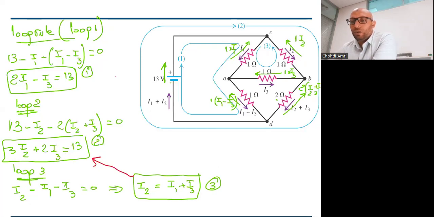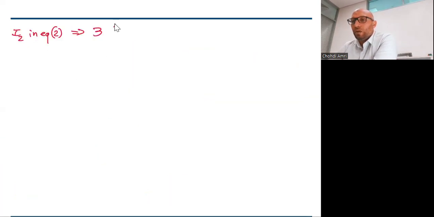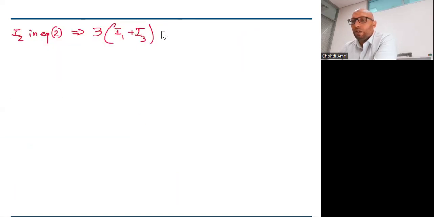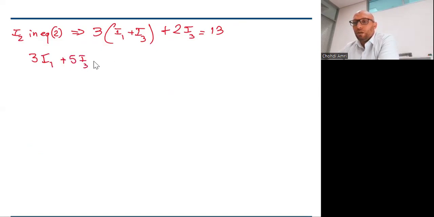Equation 2 said 3 I2 plus 2 I3 equals 13, and I2 equals I1 plus I3. So in this case, we're going to get 3 I1 plus 5 I3 equals 13. And this is equation number 4.